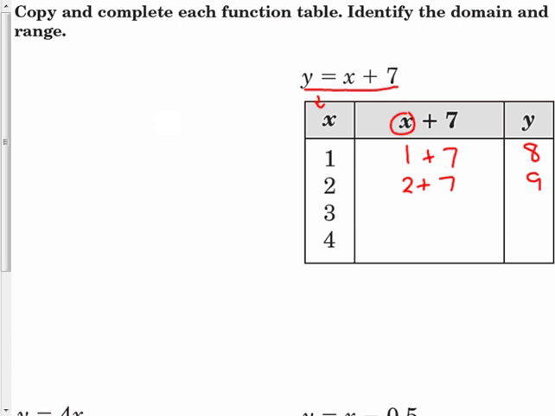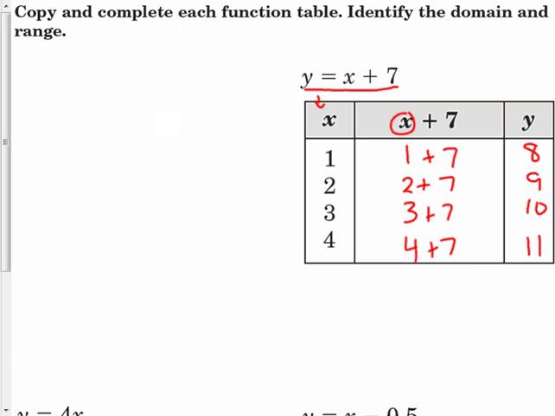If x is 3, then we have 3 plus 7, which is 10. So my y value this time is 10. And finally, if x is equal to 4, then the problem becomes 4 plus 7, and 4 plus 7 is 11, so y is 11. So now my function table is complete.